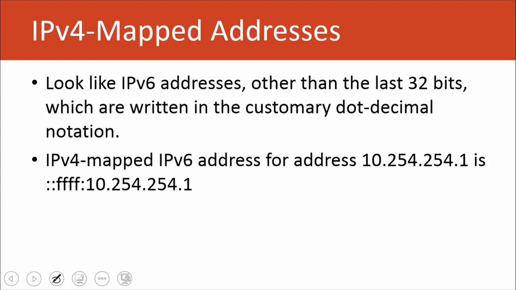We can also map IPv4 addresses to IPv6 addresses. Instead of a normal structure for an IPv6 address with those hexadecimal characters, the last 32 bits of the IPv6 address are written in the customary dot decimal notation.